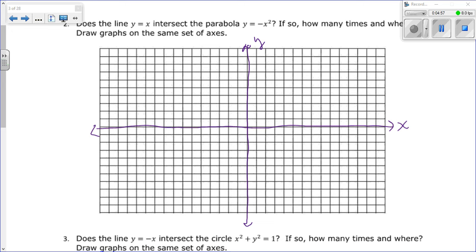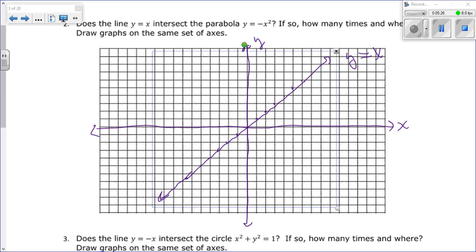So the line y equals x is just this diagonal here. I'm going to do my best to connect the points. And this is the line y equals x.